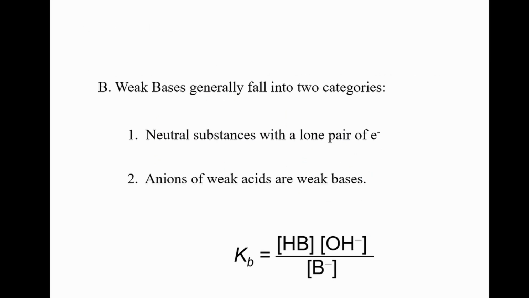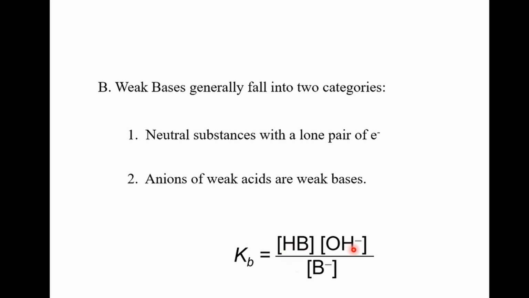Well, from a structure, how do we identify a weak base? Typically, if it's a neutral substance like ammonia, we see if you do the Lewis structure there's a lone pair of electrons. Then if you look at water, you see two lone pairs of electrons, and we've seen examples where water acts as a base. It's amphoteric. Of course, it acts as an acid when it's around ammonia.